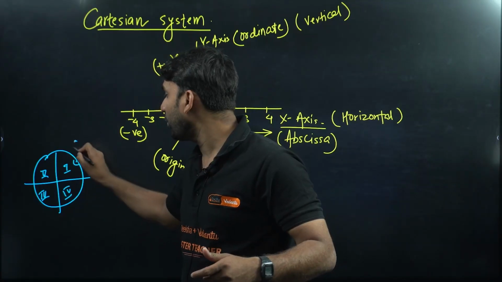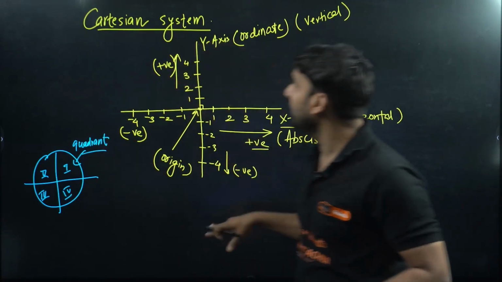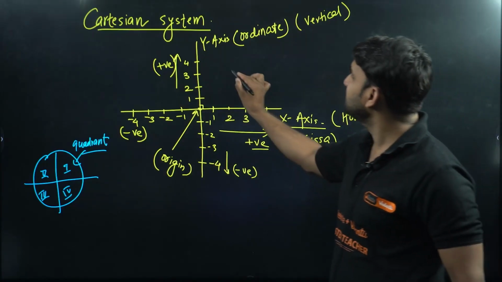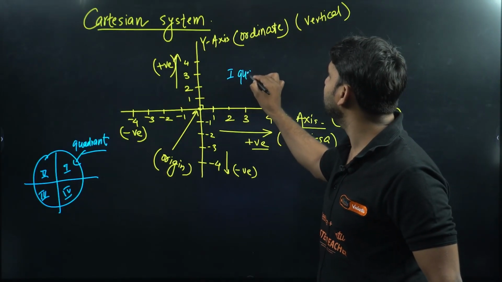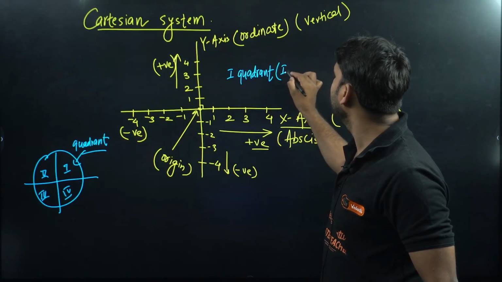This is called a quadrant. Similarly, in the Cartesian system, this is called the first quadrant, because this is the first 1/4. Quadrant means 1/4. I can also write here first 1/4.